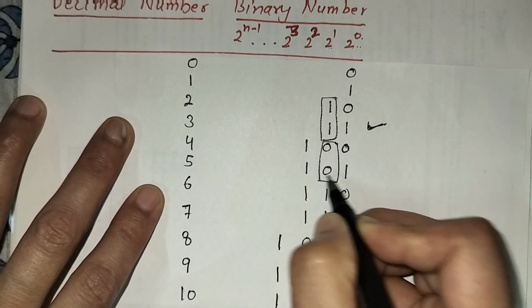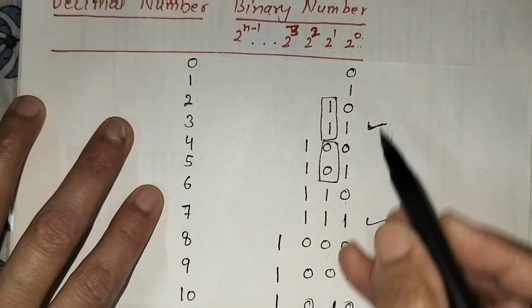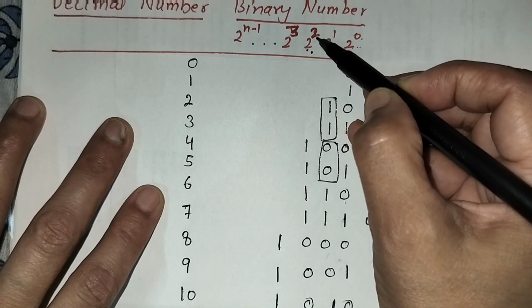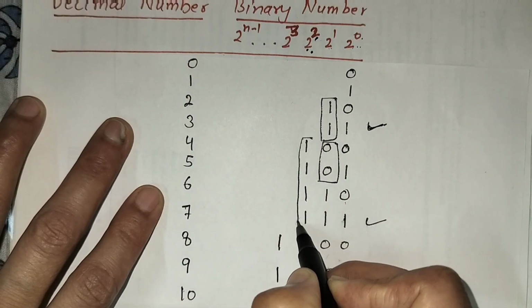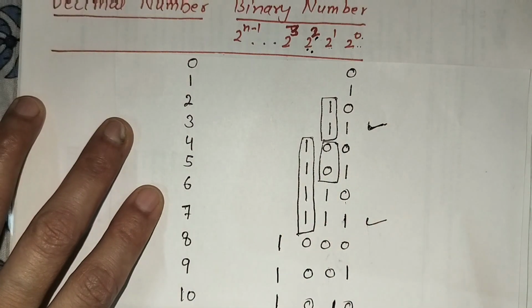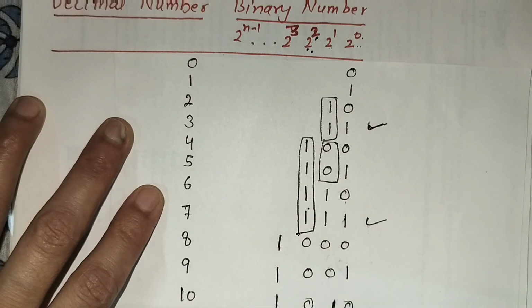It alternates between a group of 2 zeros and 2 ones at this position, and when we come to this position, 2 raised to power 2, meaning 4, there will be alternation between a group of 4 zeros and 4 ones. This will be 4.